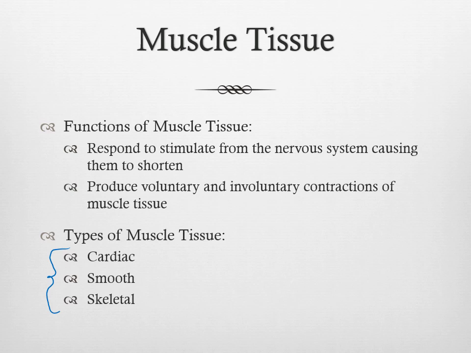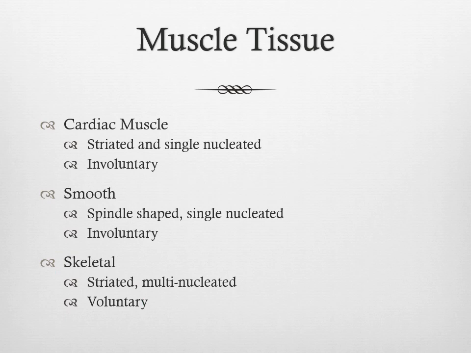And muscle comes in also two varieties as far as its control. We either have voluntary muscle, skeletal muscle, or we have involuntary muscle. Both cardiac muscle and smooth muscle are involuntary. We can't control their contractions.